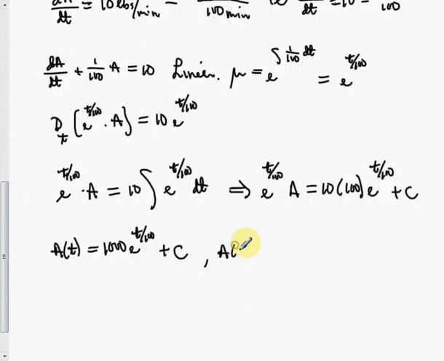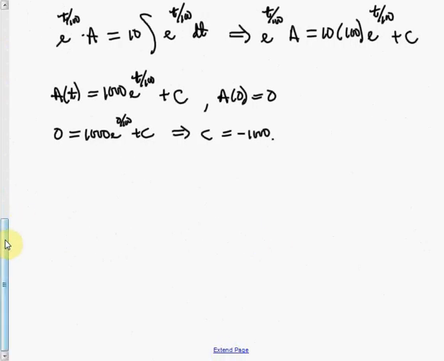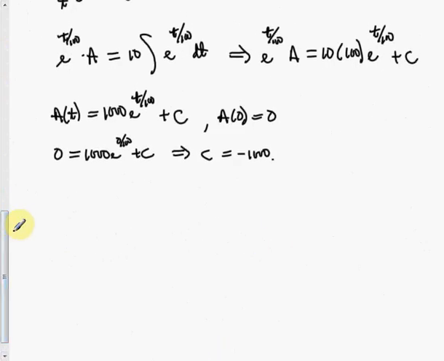So if A of 0 is equal to 0, so the amount of salt is 0 in the initial 1000 times e to the, here t is 0, so we replace that t with 0, plus C. Well, that implies that C is equal to negative 1000. We call it the limiting factor.